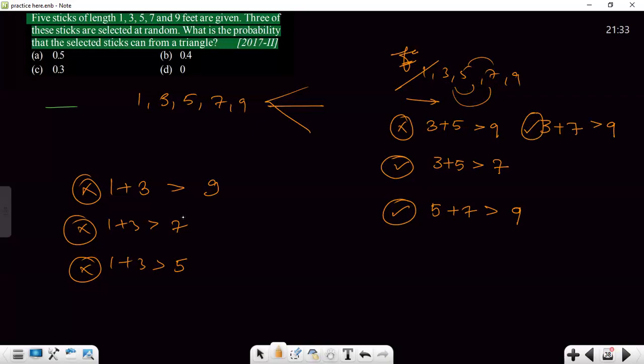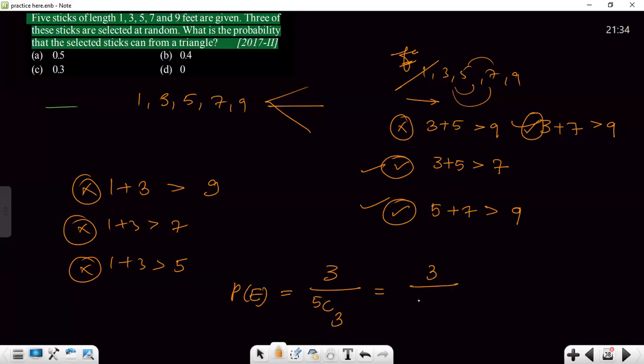So how many favorable outcomes do we have? 1, 2, and 3. 3 favorable outcomes. How many total outcomes are there? We have 5 sticks, and out of 5 sticks, we have to select 3 sticks. So this is the total number of ways in which we can select 3 sticks, and that is the probability of our event.